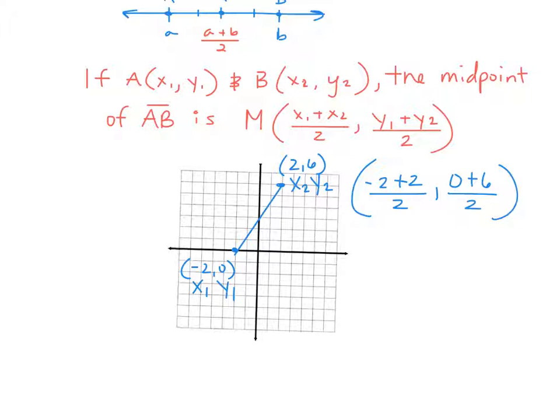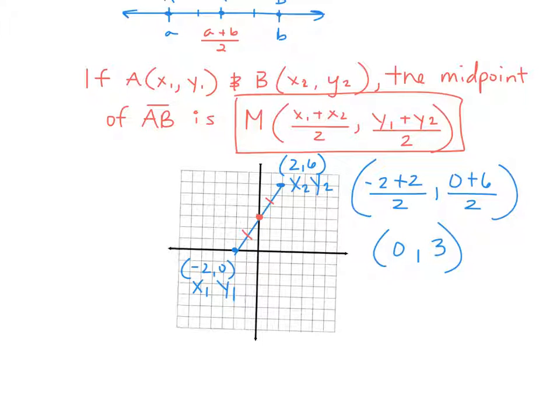So where you should end up, your midpoint, -2 plus 2 is 0 divided by 2, which is 0, and then 0 plus 6 divided by 2 would be 3. Well, if you look at this picture, 0, 3 is a point. That means these two pieces are congruent. Okay, so you found the midpoint by plugging into this midpoint formula.